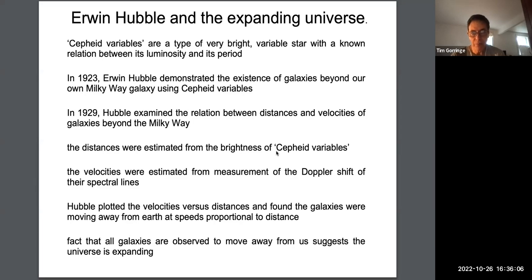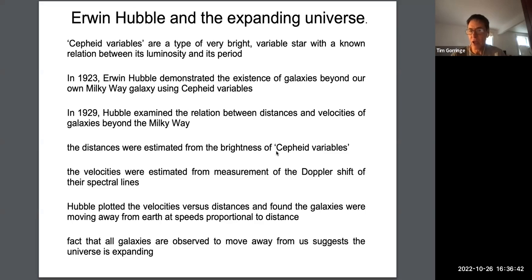Anyway, of course we all know Edwin Hubble and his discoveries. Two of the key discoveries were made with a type of star, a very bright variable star, where there's a known fixed relationship between the brightness of the star and the periodicity, the variability of the star.